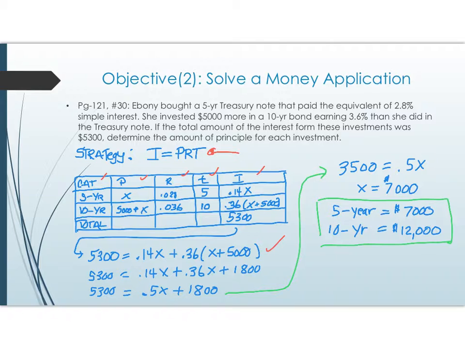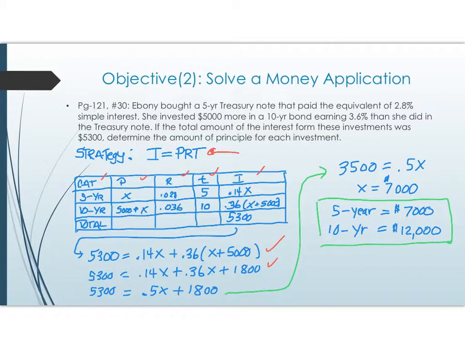So that's what I ended up setting up as my equation. 5,300 is equal to 0.14x plus 0.36 times x plus 5,000. I distribute the 0.36 through the parentheses, and I get the following. 5,300 is equal to 0.14x plus 0.36x plus 1,800.